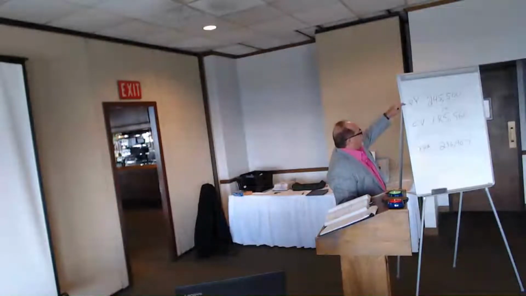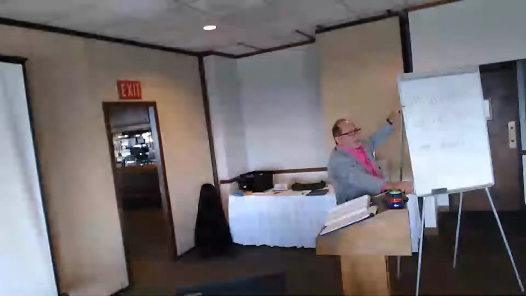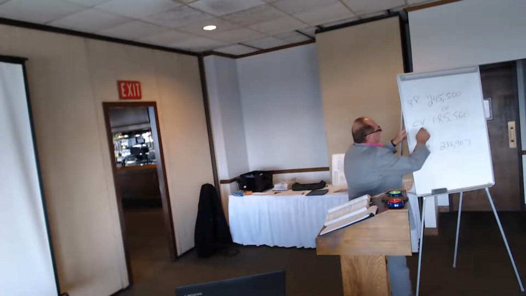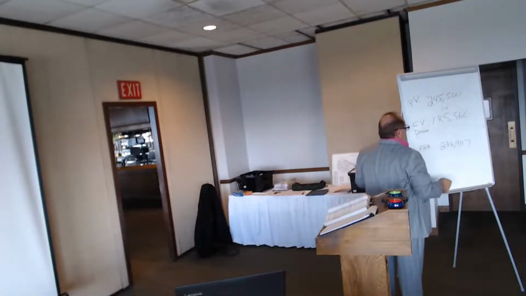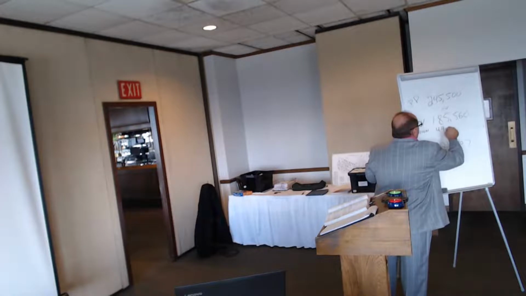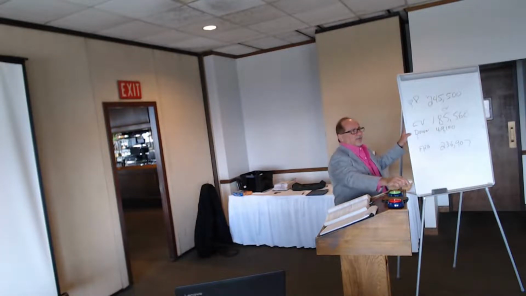So if I have a purchase price of $245,500 and I'm going conventional financing, how much would the down payment be? 49,100. Okay. Because we know that the down payment on conventional is what percent? 20.